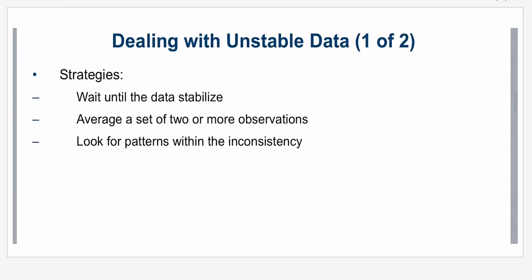So how do we deal with unstable data then? One of the strategies is waiting until the data stabilizes. The example of that is if initially during the observation process, the novelty of it is causing the participant to behave differently, and so their behavior isn't consistent.